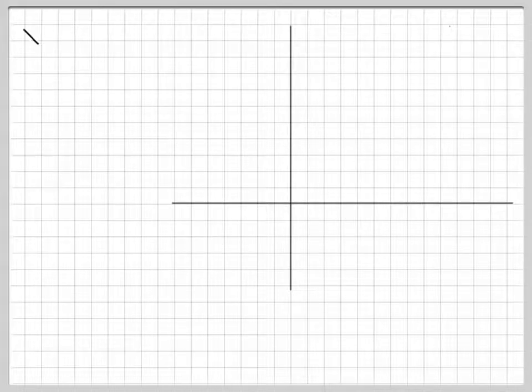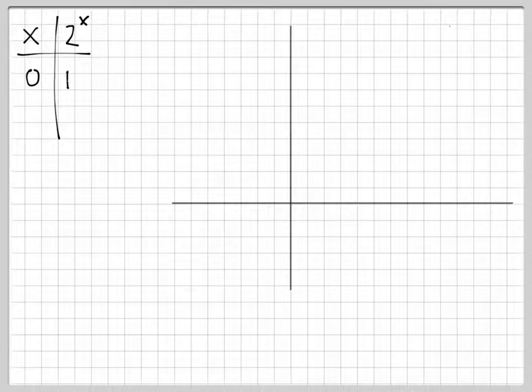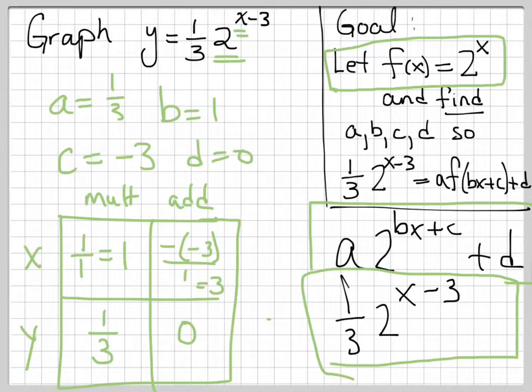And so if we were to normally graph 2 to the x, we would make a little chart, x, 2 to the x, and we would plot some values. For example, we would do 0, 1, 1, 2, 2, 4. And the way you can go from this table to this table is by doing what it says to the x values and doing what it says to the y values.